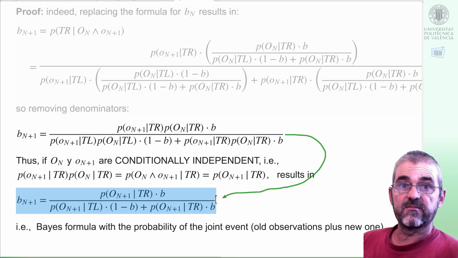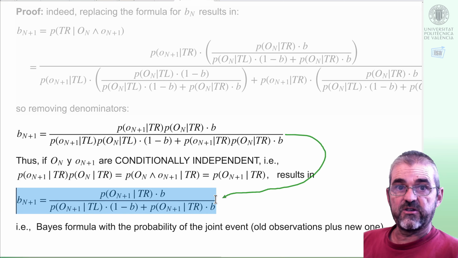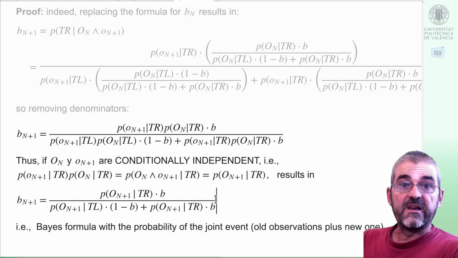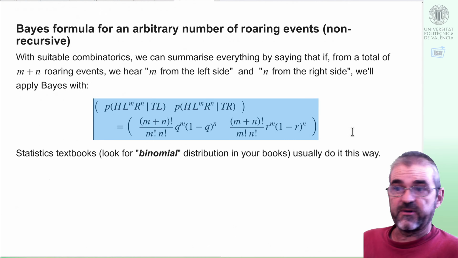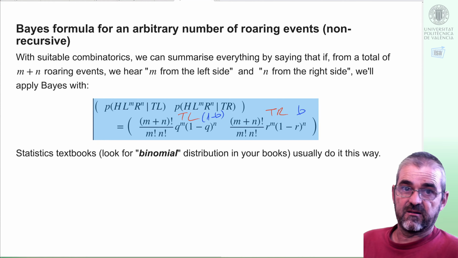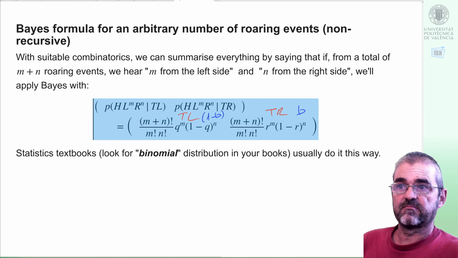So this means that indeed recursive evaluation one by one of the Bayes formula will give me the same result as a non-recursive evaluation with this conditional probability listening to m left and n right roaring events.